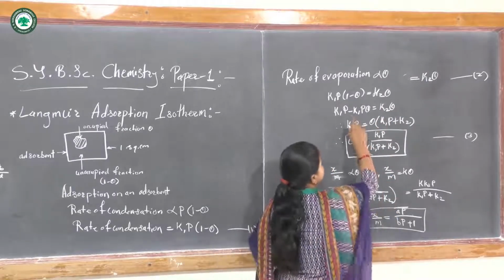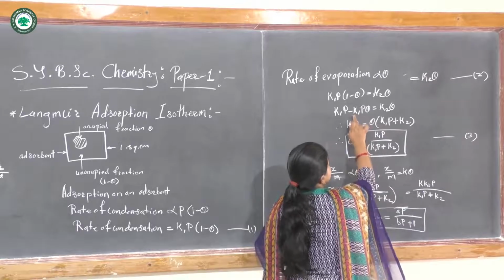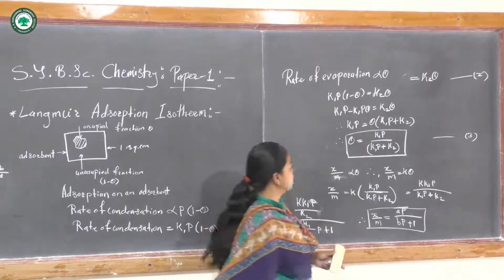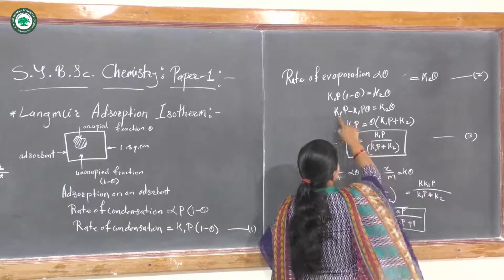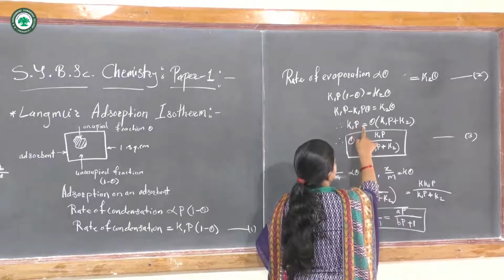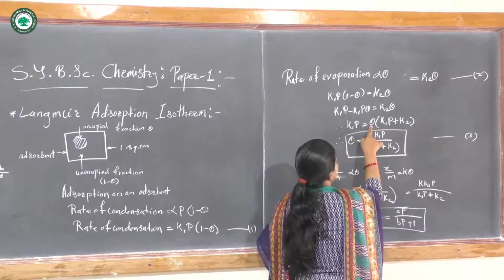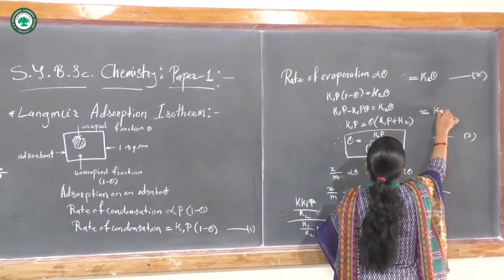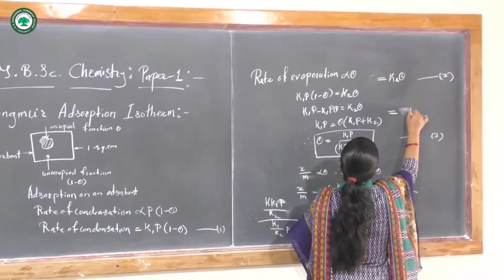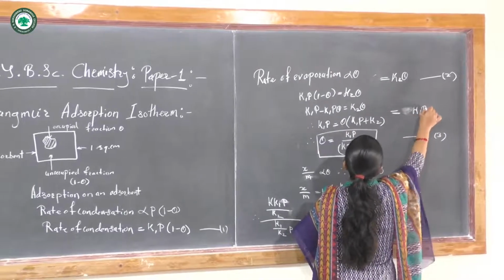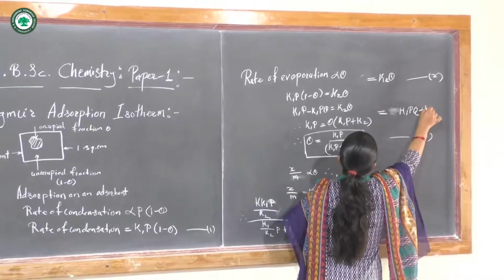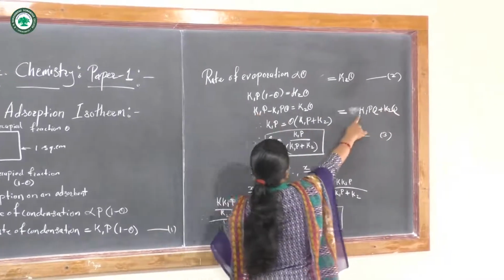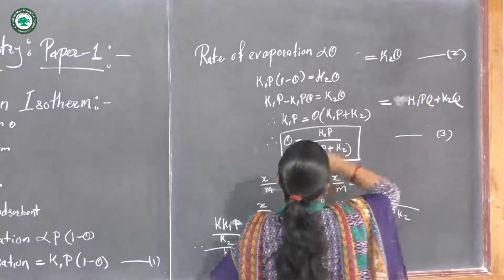Now we can shift the minus K1P theta to the right hand side, where it becomes plus K1P theta. So K1P equals K1P theta plus K2 theta.